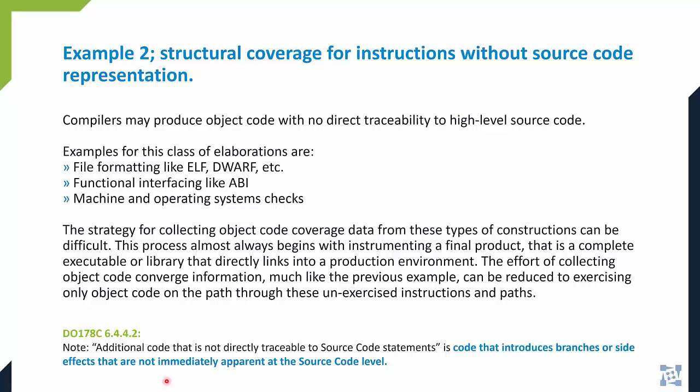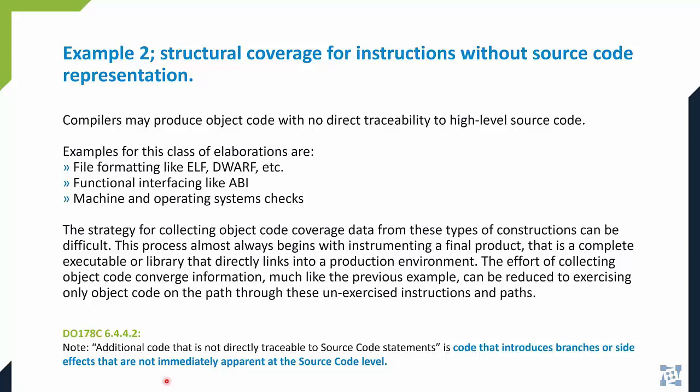In this case, we are looking at constructions made by a compiler during translation that are of the class of no direct representation. Examples of this class would be file formatting, functional interfacing, and machine or operating system checks.